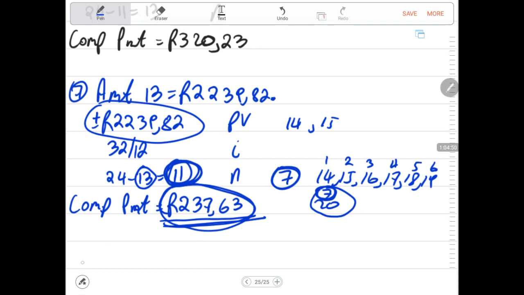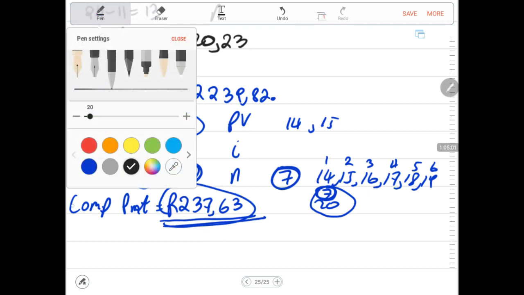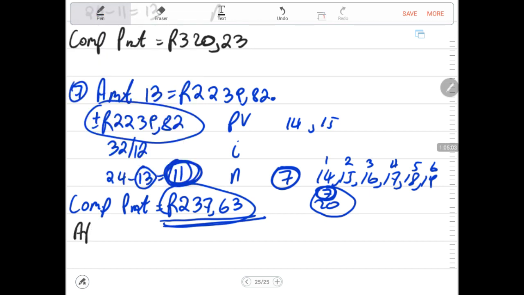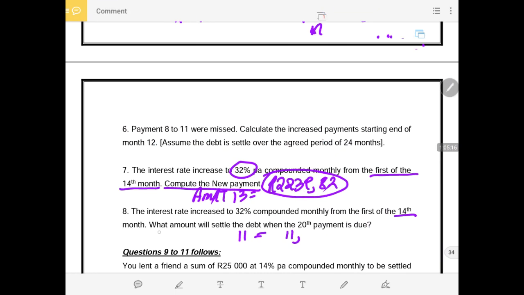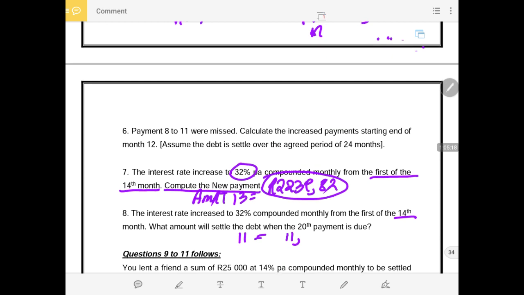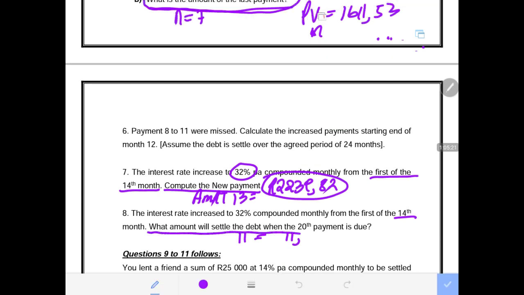We don't say amort 20. That is a very important question to master, guys, what I've just told you now. We say amort 7. Now the question was what amount will settle the debt when the 20th payment is due.